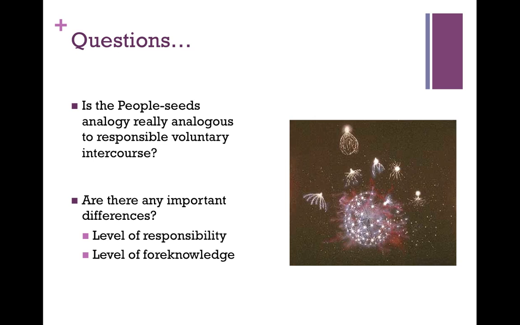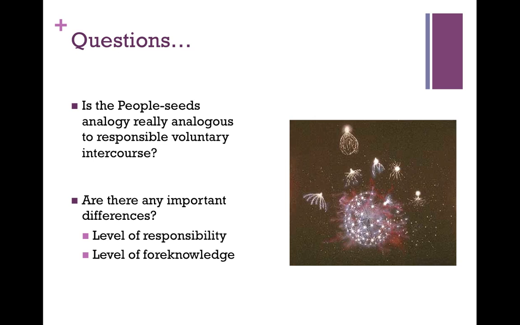The violinist seems to work in cases of pregnancy that occurred through acts of rape. That's where the violinist example really seems to hold. But Thomson wants to create a stronger argument and say, even if the fetus is a person and one engages in consensual sex, one should be allowed to have an abortion. And she uses this people seeds analogy to demonstrate that.